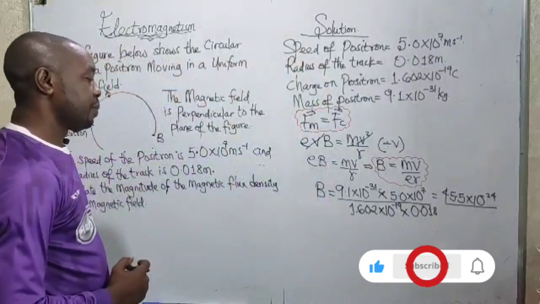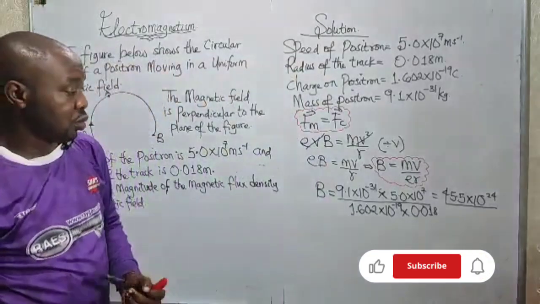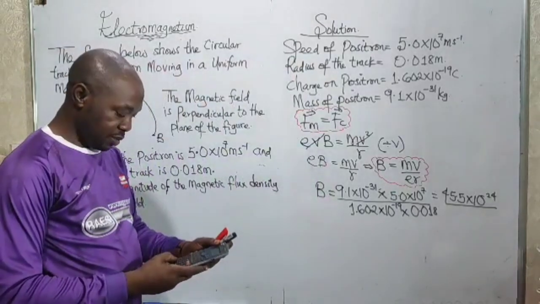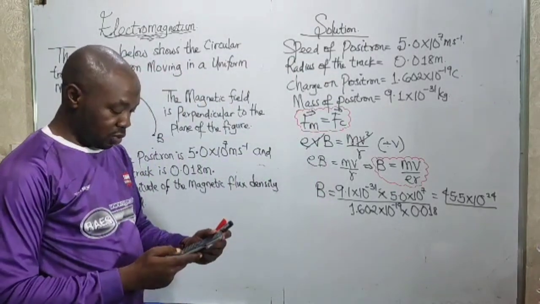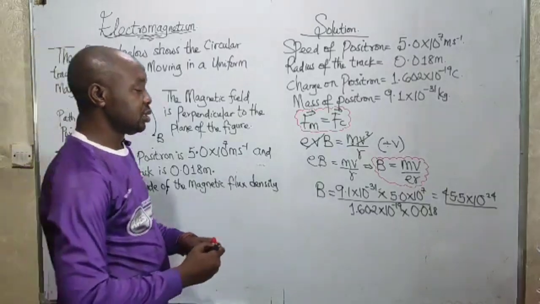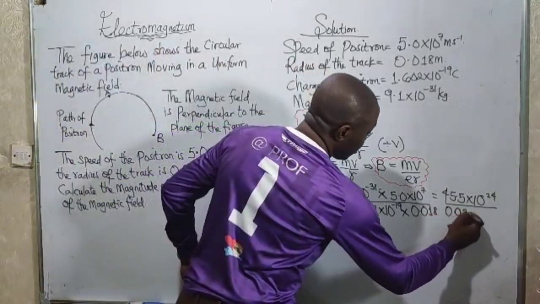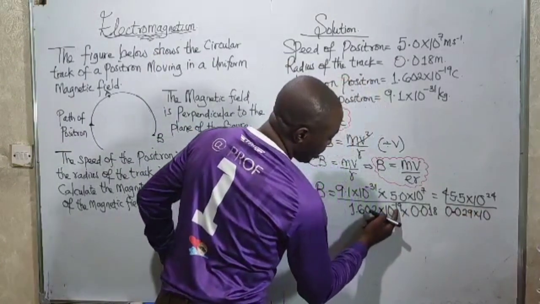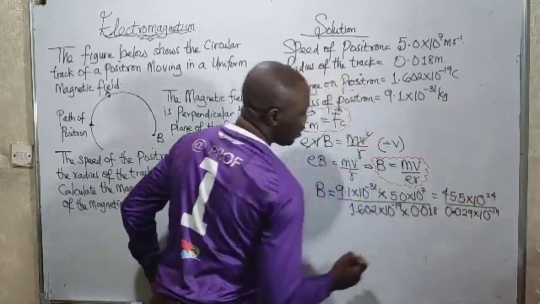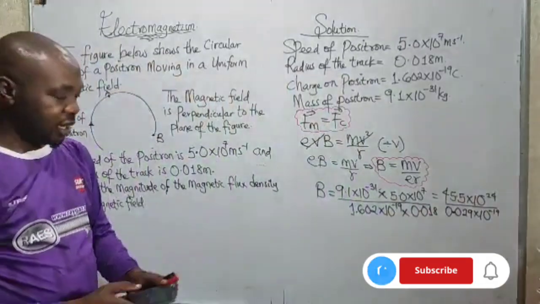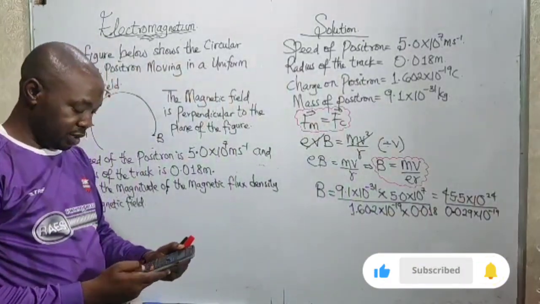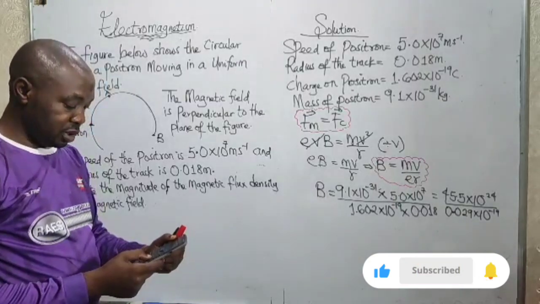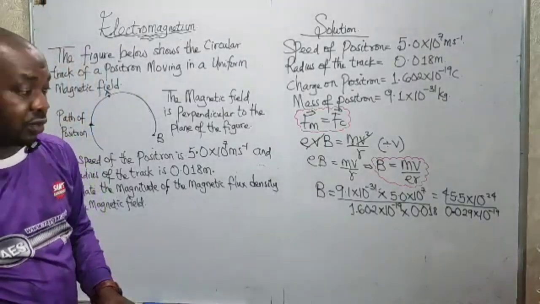In the denominator, 1.602 multiplied by 0.018 is 0.029, multiplied by 10 raised to the power of minus 19. Now let's divide 45.5 by 0.029, and that would be 1568.